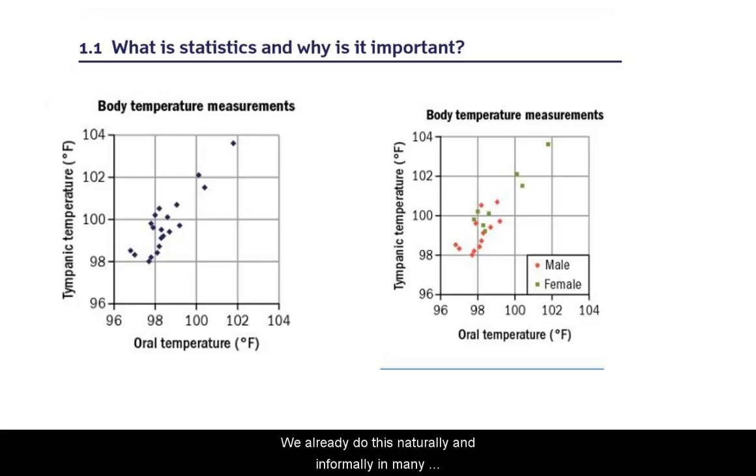We already do this naturally and informally in many everyday situations, and that's why it is very important that we pay attention to details when it comes to statistics, because statistics will guide you, not just in dealing with people, but also to inform the decisions that you make, to have a better understanding of why you do most of the things that you do. So let's take some examples and see how statistics is important and informs our decisions in day-to-day life.